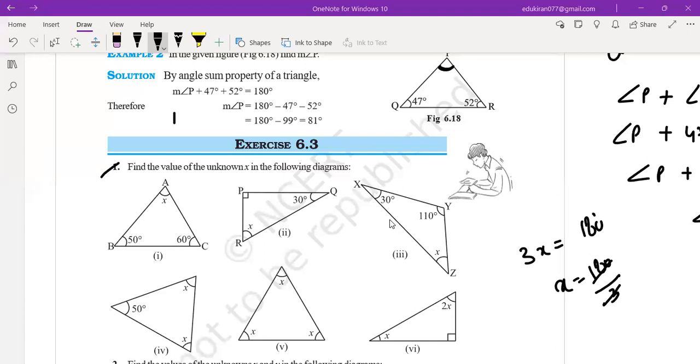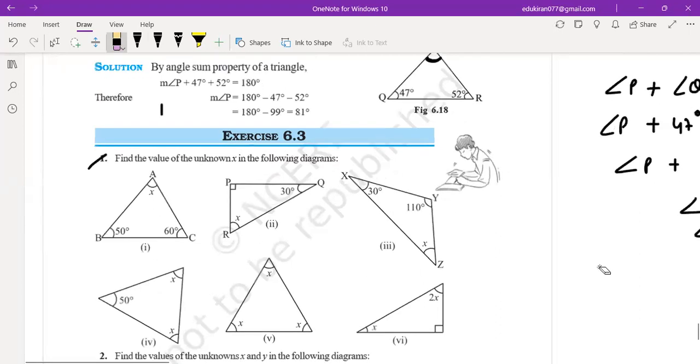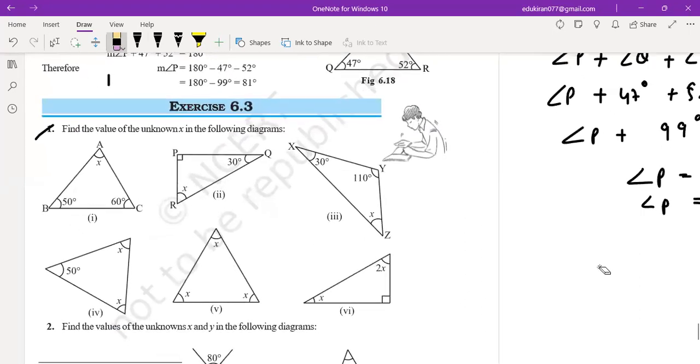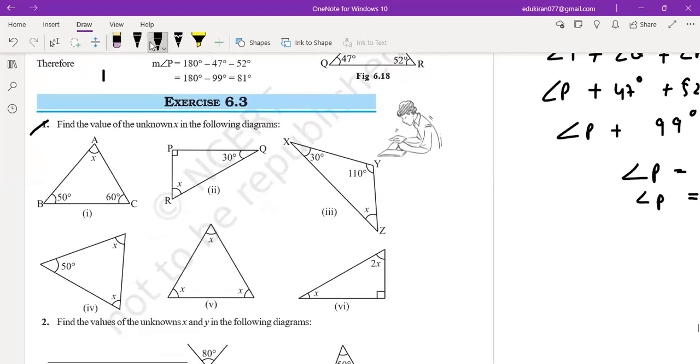Sorry, ma'am, second, fifth, and sixth. Okay, so let me just discuss the answers with you. Ma'am, the first one we have to do like this, right? 50 divided by 2. Wait.